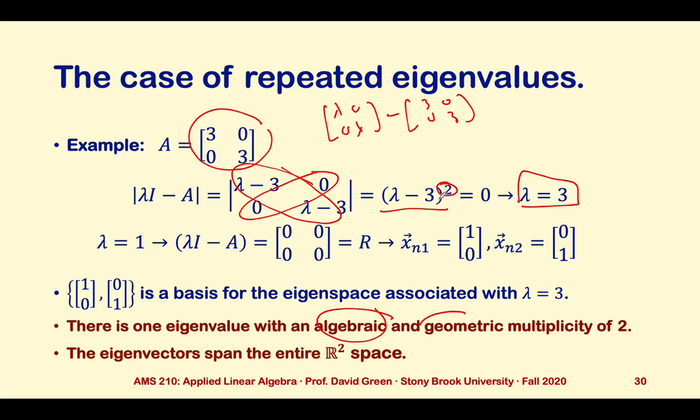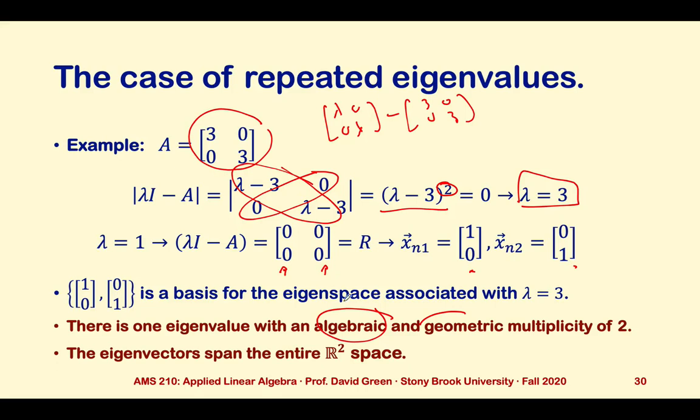But now, when we plug 3 into this expression, we actually get the 0 matrix, which is a little bit interesting. 0, 0, 0, 0. The 0 matrix is a reduced row echelon form, but it's one that has all free variables. There are no pivots. 2 free variables generate 2 special solutions.